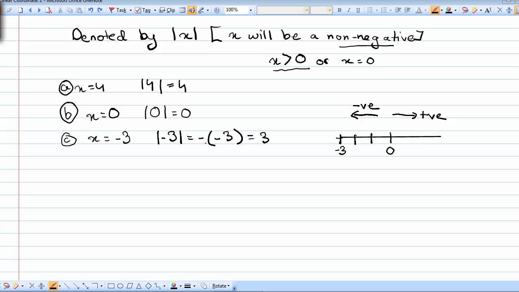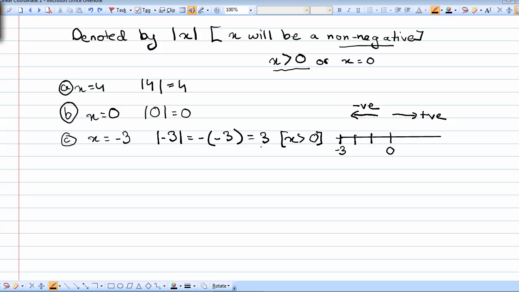So we have to negate, or apply another minus sign, so minus into minus becomes positive. It gives us an answer of 3, which is a non-negative number, and we can say that it is greater than 0.